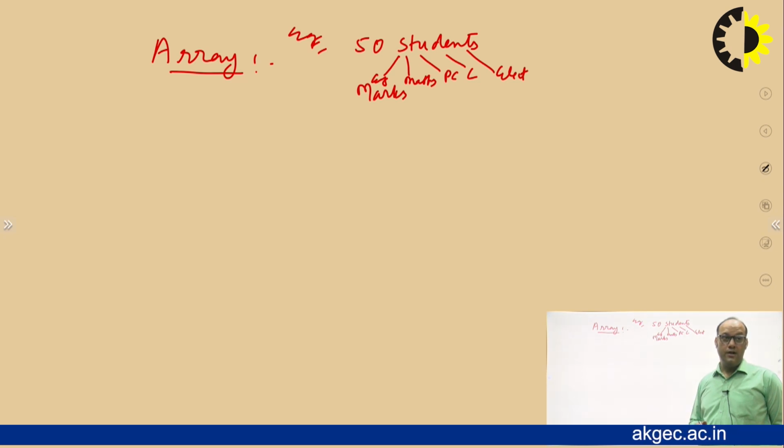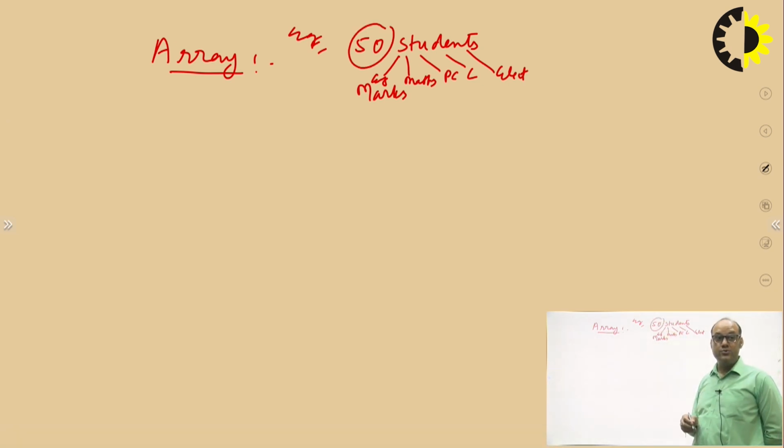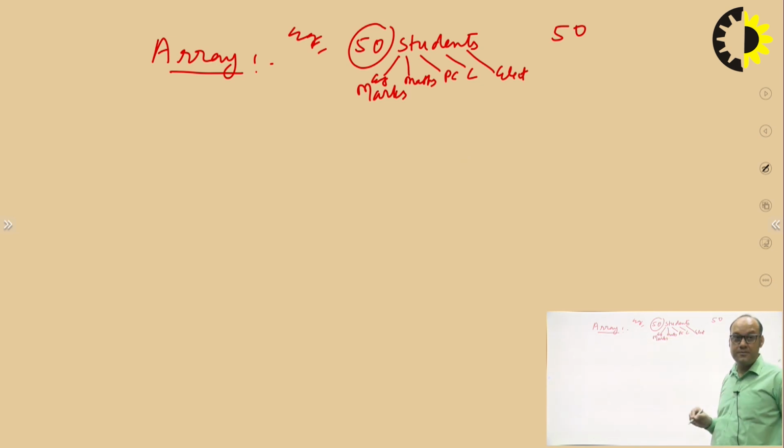First of all, if you are making a C program, you need to declare the variables. You would declare 50 variables, and each student is studying 5 subjects, so you need to record the marks of those 5 subjects.